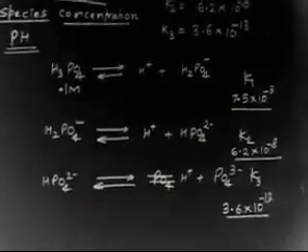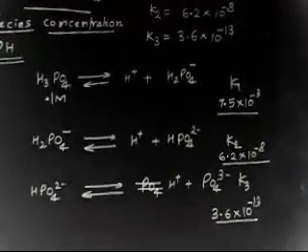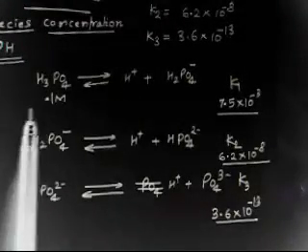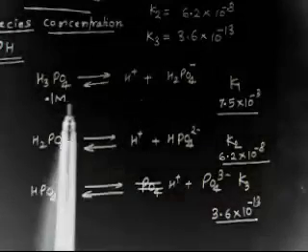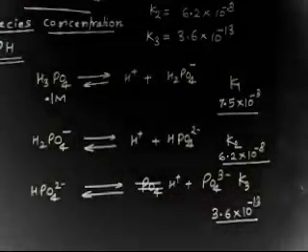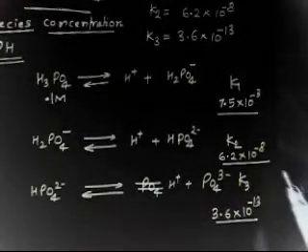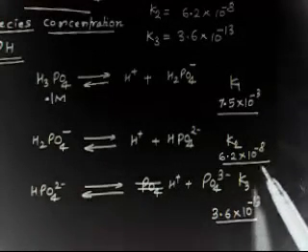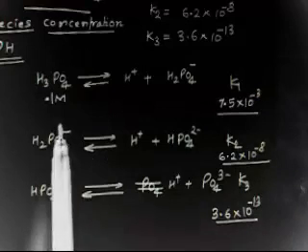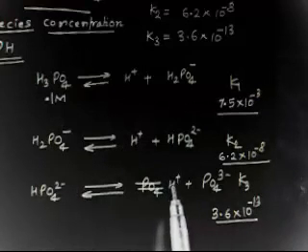So these are the equilibrium constants. And the first assumption I am going to make is that the H plus is coming only due to the first reaction. H plus will come from the second and also from the third, but the equilibrium constant is so small that the H plus coming from these can be neglected.